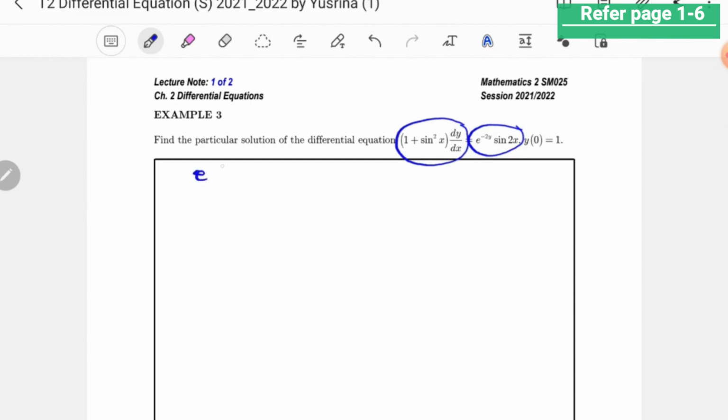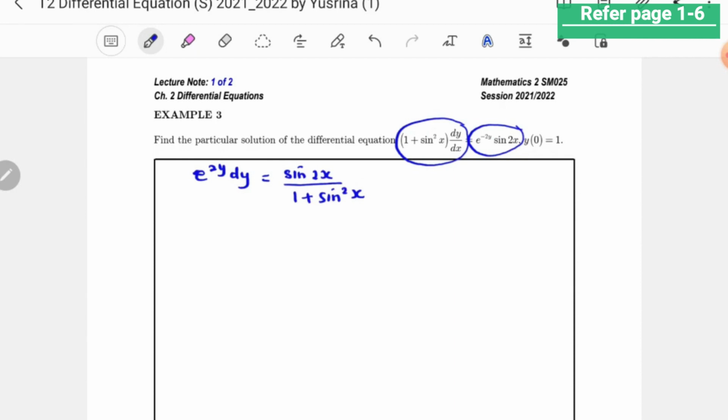e to the 2y dy equals sin 2x over 1 plus sin squared x.